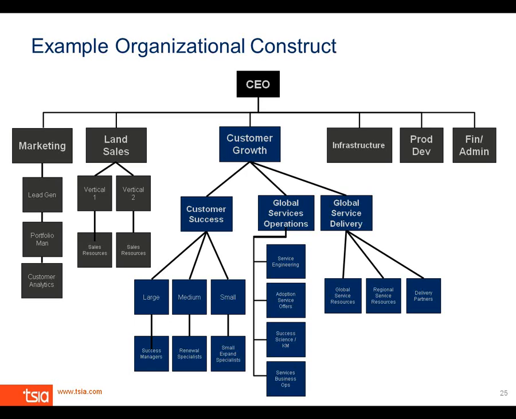And we see a lean global service delivery structure in place, as well as customer success and service operations, really headlined by things like service engineering and business ops, and a very formal way to capture things like adoption offers and success science and knowledge management.